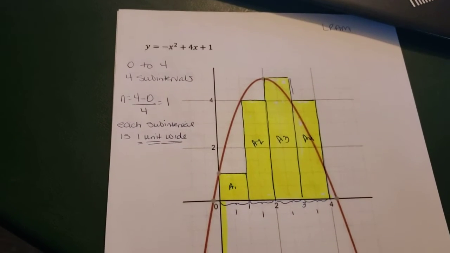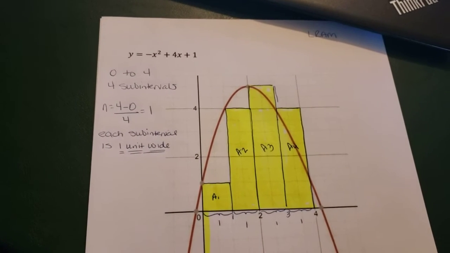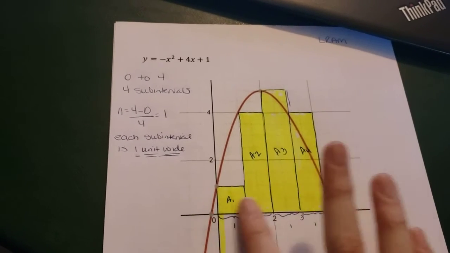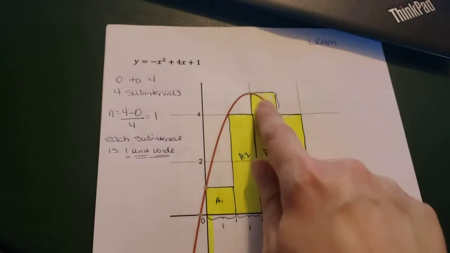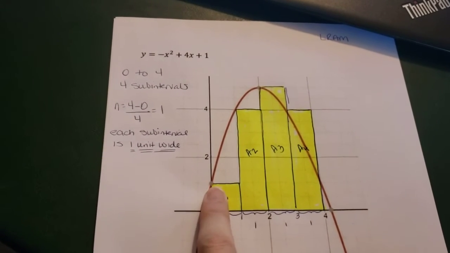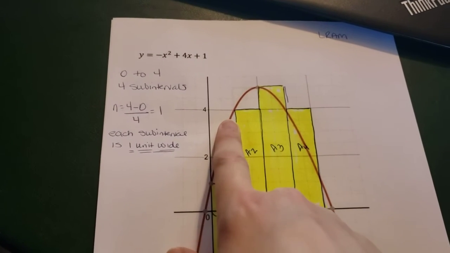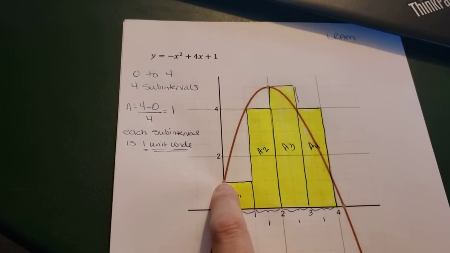Because we're doing area approximations, we're getting an approximate area under this curve by estimating using these rectangles. My first rectangle has a lot of space between the top of the rectangle and the graph up here, because it has to touch over here on the left.